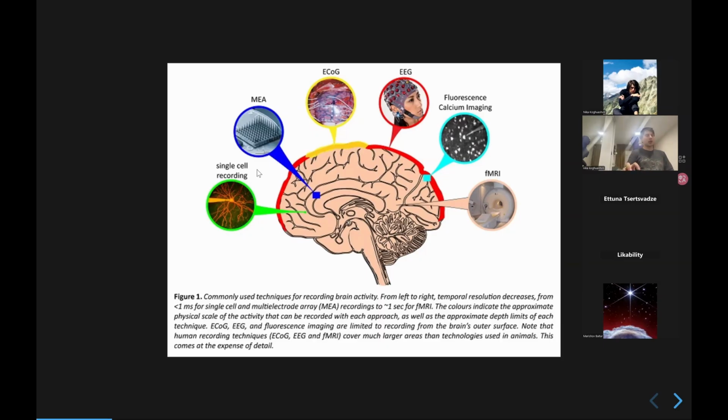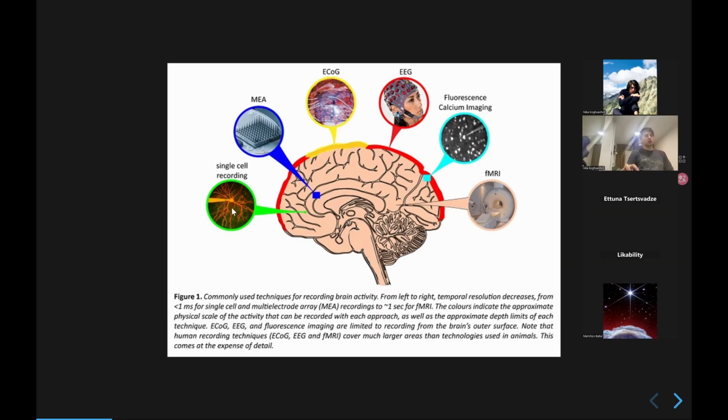The highest level of detail is single cell recording, which means that you would only listen to the activity of one neuron. But that would be very limiting because, as you remember, our brain has 85 billion neurons. I mean, the relevant part of our brain, to be fair, the brain hemispheres have 15 billion, but it's still a lot. You can't put 15 billion electrodes in there, so you'd be very limited in that case.